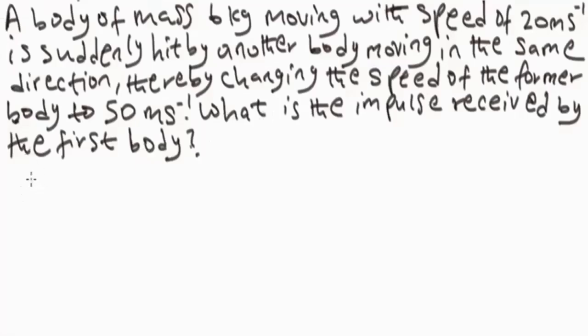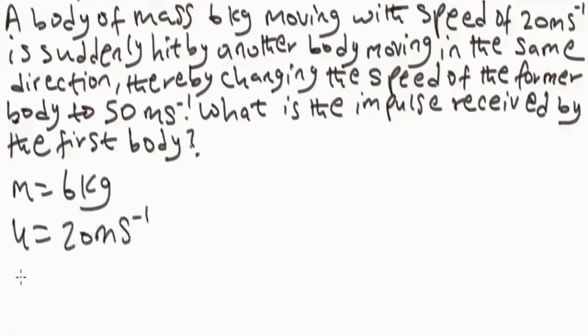Alright, let's bring out our parameters. We have a mass to be 6 kg. We have initial velocity u to be 20 meters per second. We have our final velocity v to be 50 meters per second. F is unknown, t is unknown.